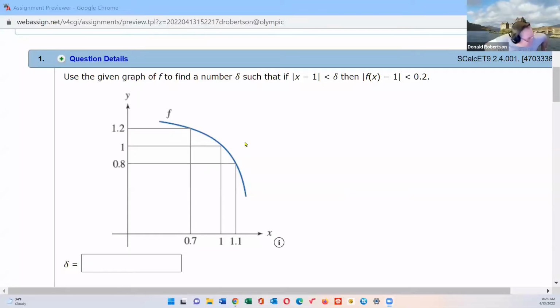Okay, here is what it looks like. Trying to explain some of the notation that's going on here. You see this guy over here, the absolute value of f of x take away 1 has to be less than 0.2. We're saying, look, there's the answer 1, plus or minus 0.2 takes you from there to there.